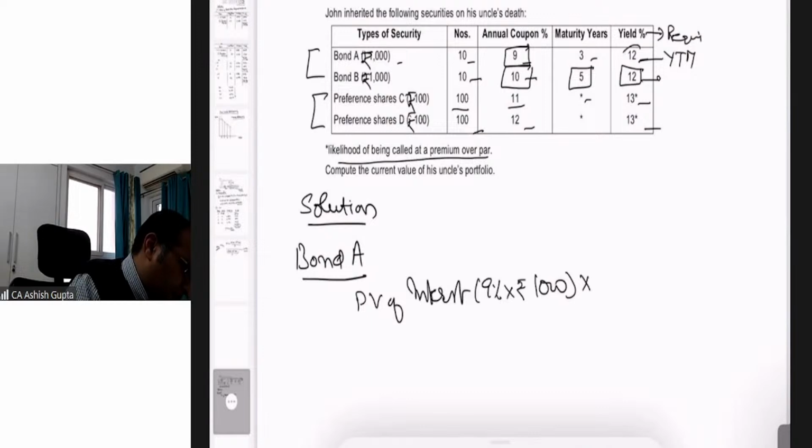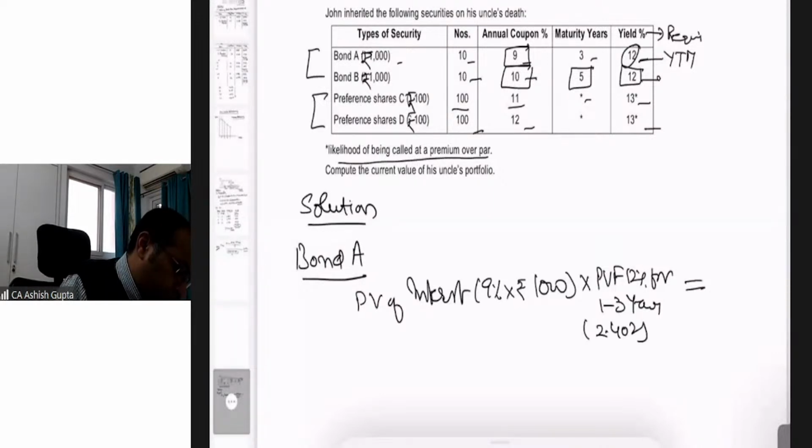Now here the yield is our yield is 2.402.